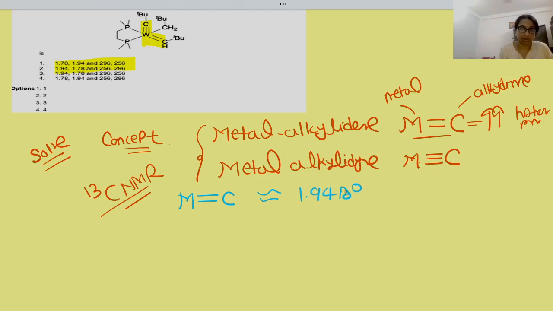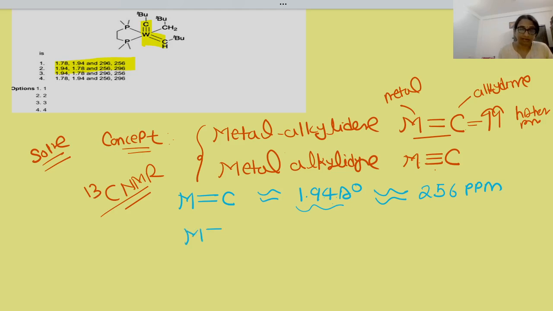Now we write the shifting: M double bond C, alkylidene, is approximately 1.94 angstrom according to our data. In the question, they are asking for the value in ppm, so we have to convert this angstrom into ppm. The shift of the M double bond C metal alkylidene is 256 ppm.